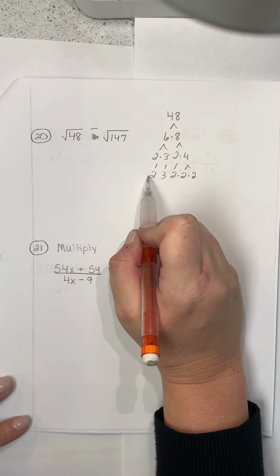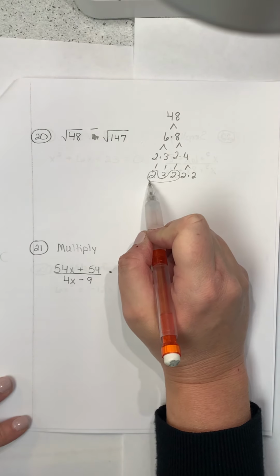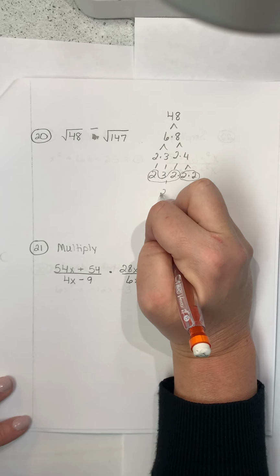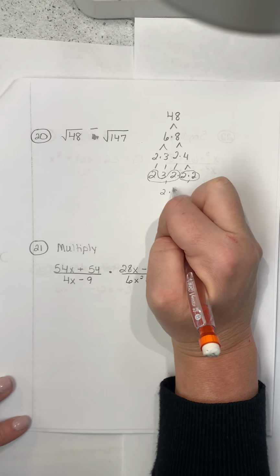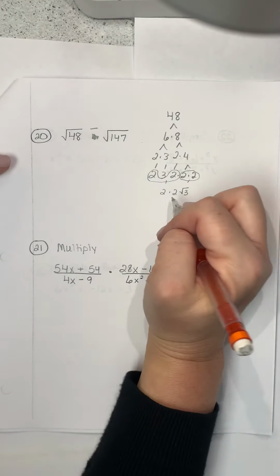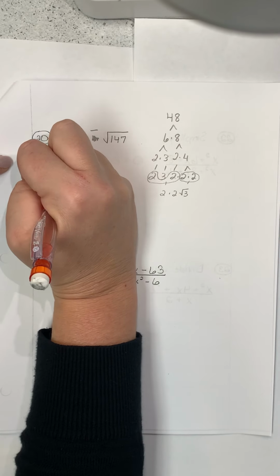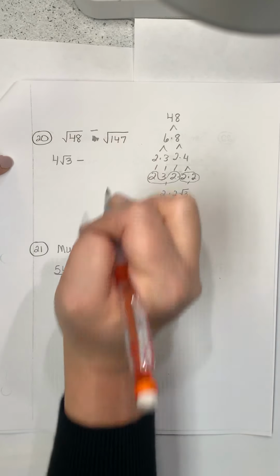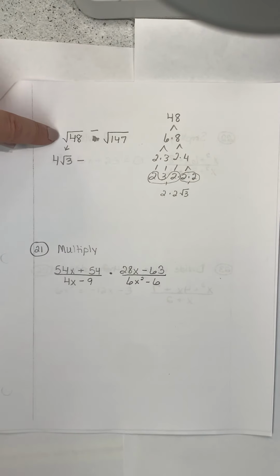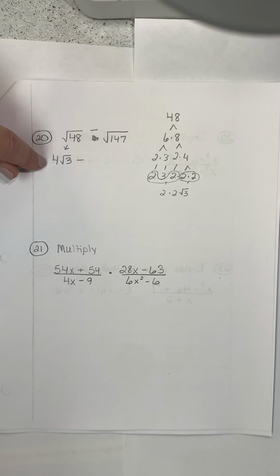Now we want groups of 2, so we're going to take this group of 2 and this group of 2. Okay, so this gives us a 2, this gives us a 2, and we have a leftover of 3. So 2 times 2 is 4, root of 3. Okay, so that's what this one turned into. It didn't have any kind of coefficient out front, so I didn't have to multiply.